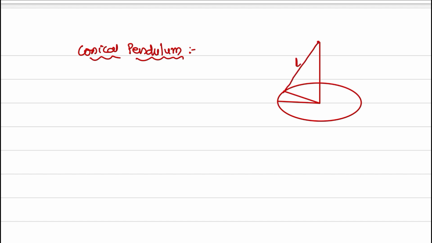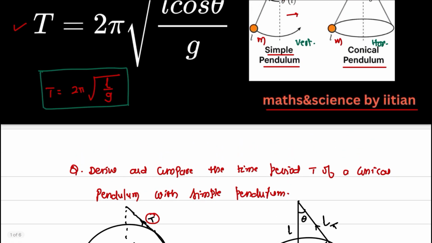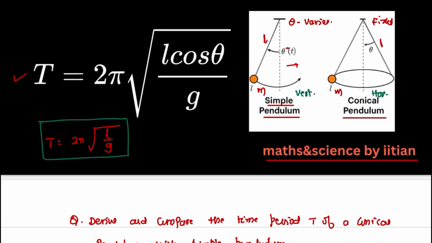This is also L, this is also L. There is no potential energy conversion because it's a horizontal circle. Please try to understand, it's a horizontal circle. As I showed in the first, this one is a horizontal circle, whereas that one is a vertical circle.